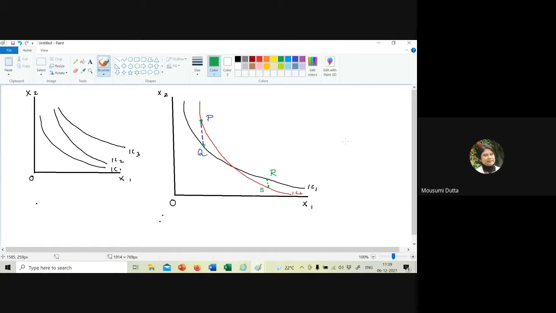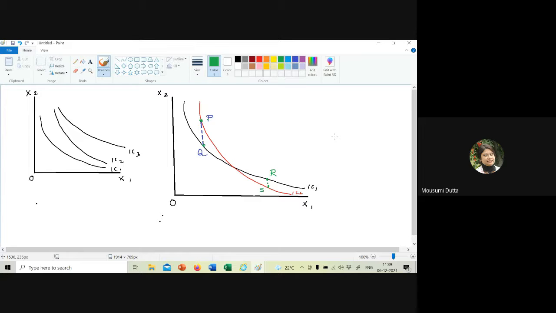Now, if I compare P with Q, P and Q consist of the same amount of X1. However, P consists of more amount of X2. Am I right? Please look at the diagram and tell me whether I'm right or not.